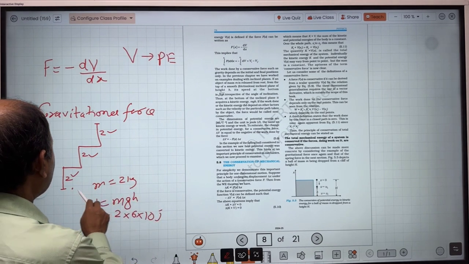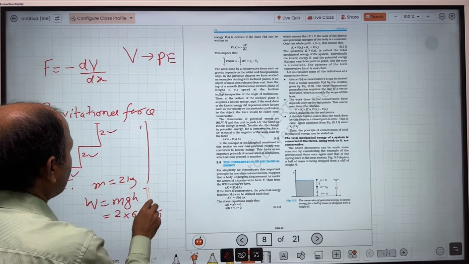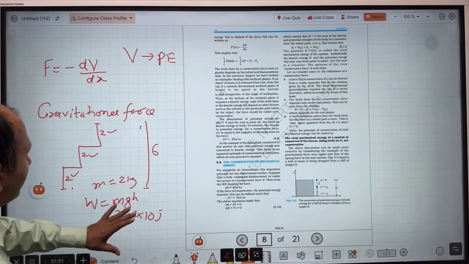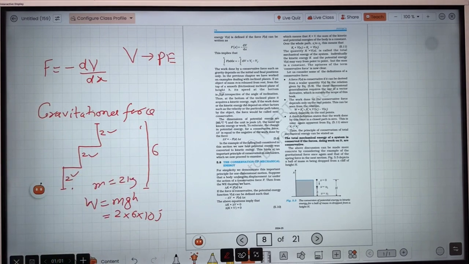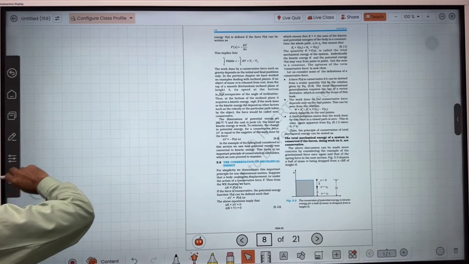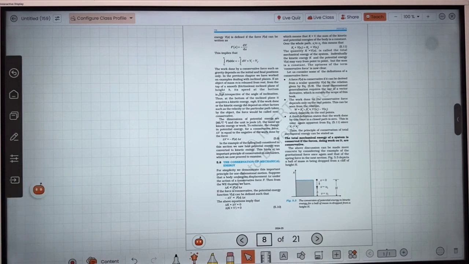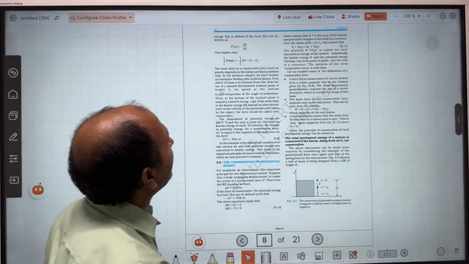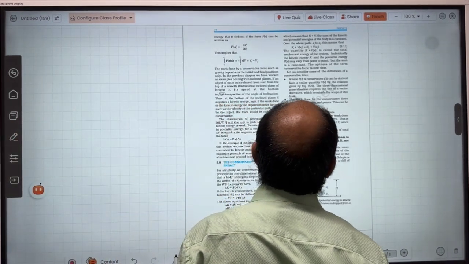Directly, if a person starts moving from here and goes to 6 meter, still the work done will be the same. So such a force is called a conservative force. But a force that depends on path is called non-conservative, like frictional force, viscous force. About these forces we will study later.